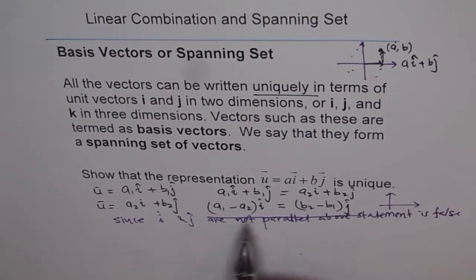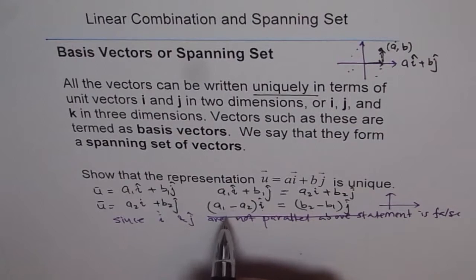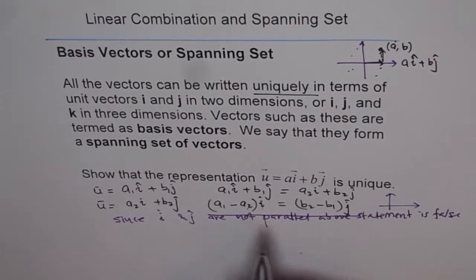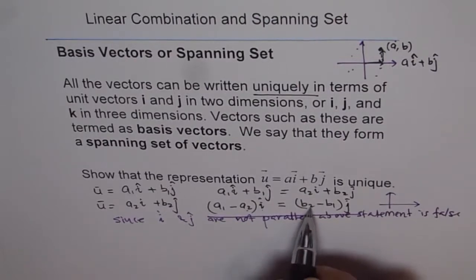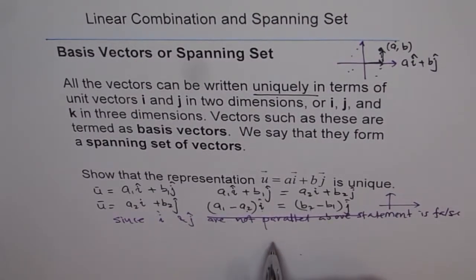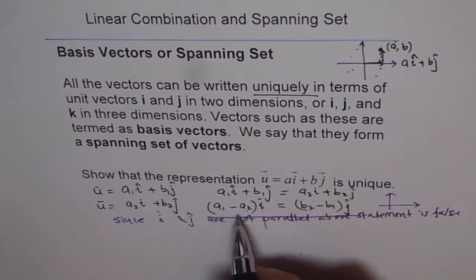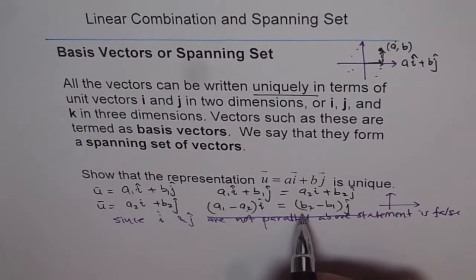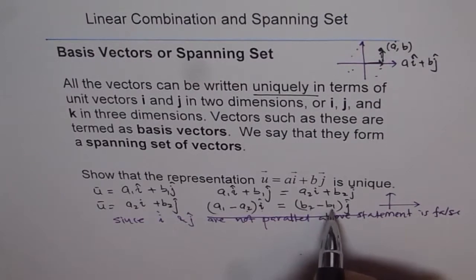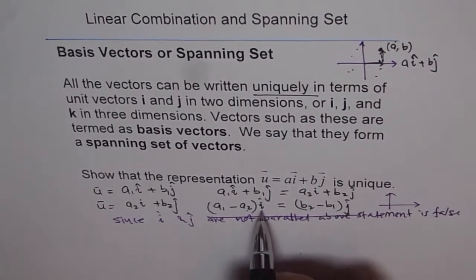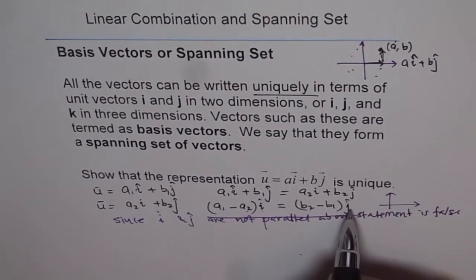And this equation is only possible if a1 equals a2 and b2 equals b1. Otherwise it is not possible. For non-zero a1 minus a2 and non-zero b2 minus b1, it is not possible, since i and j are not parallel, correct?